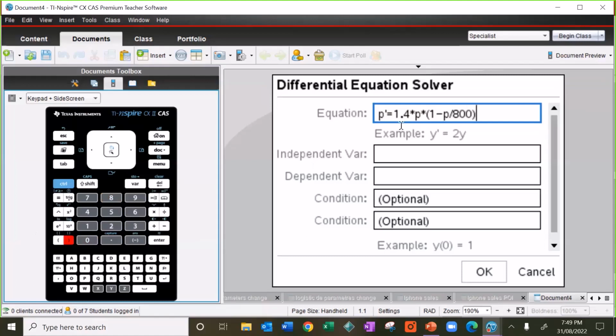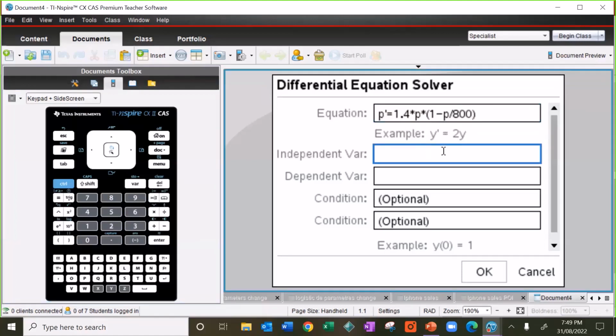So we have P dashed is 1.4 P times 1 minus P over 800. Independent variable is time, dependent variable is P, and let's say that P in 0 equals 10.